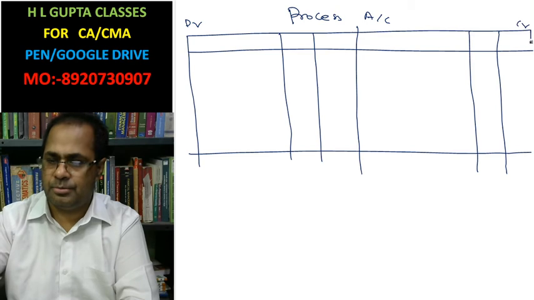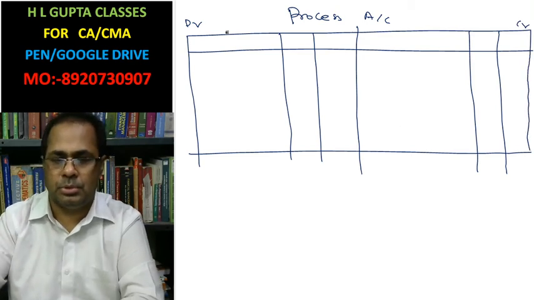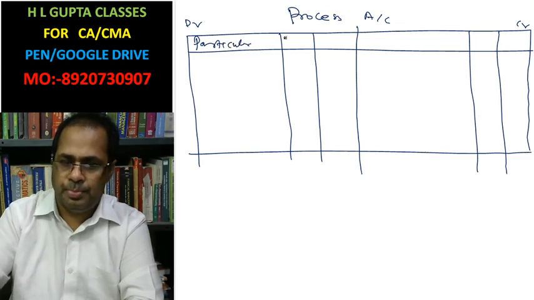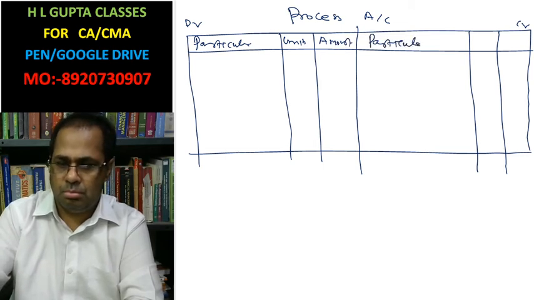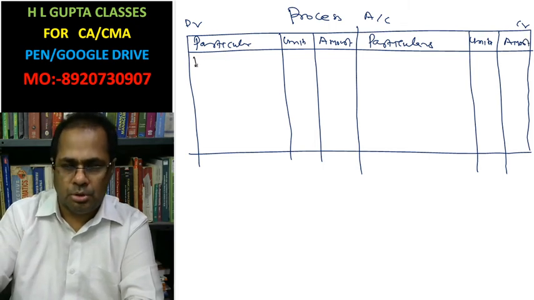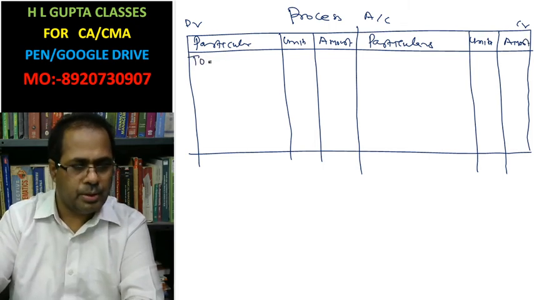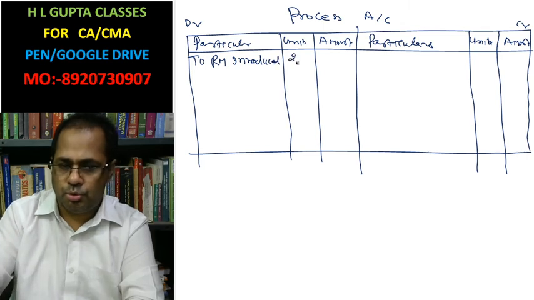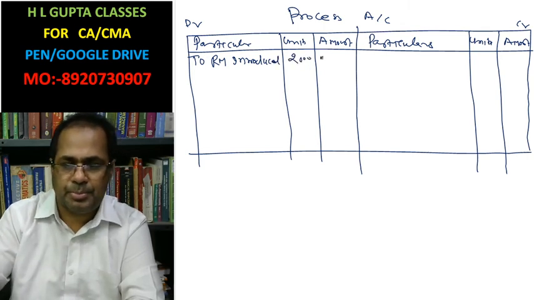This is the credit side. Particulars, units, this is amount. Particulars, units, this is amount. To material introduced. Raw material introduced 2000 and its cost is 58,000.